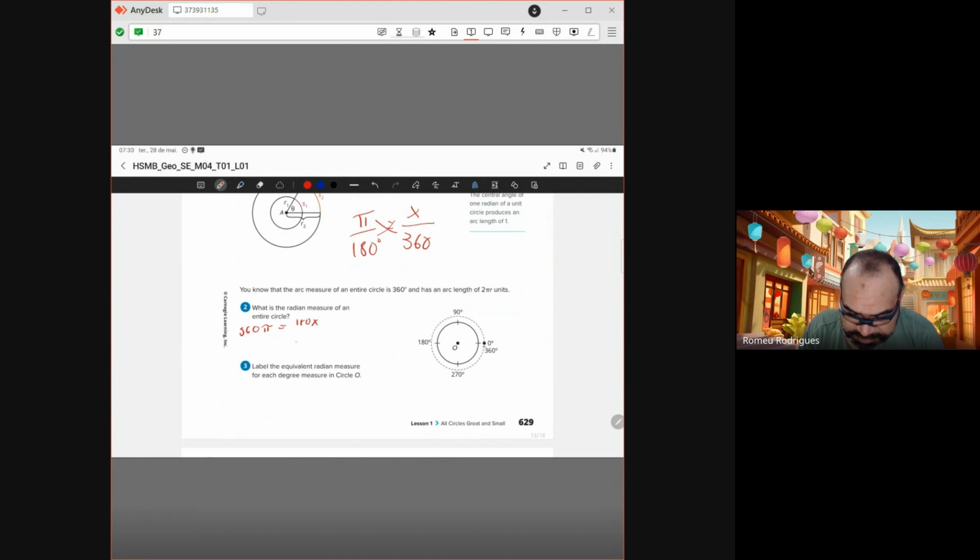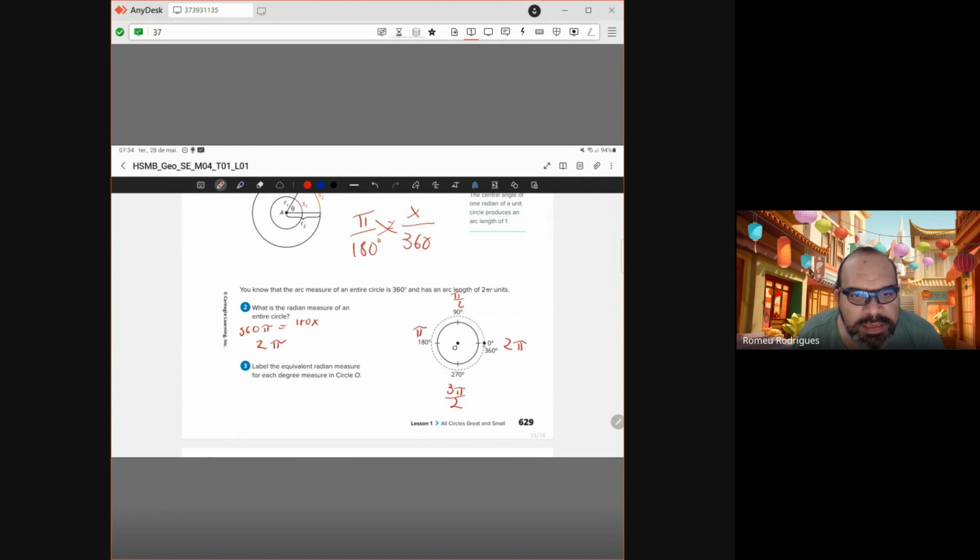Divided by 180 on both sides will be 2 pi. Now if we label our circle here, here is pi divided by 2 because it's half of 180 degrees. Pi. Here is 3 pi divided by 2 and 2 pi.